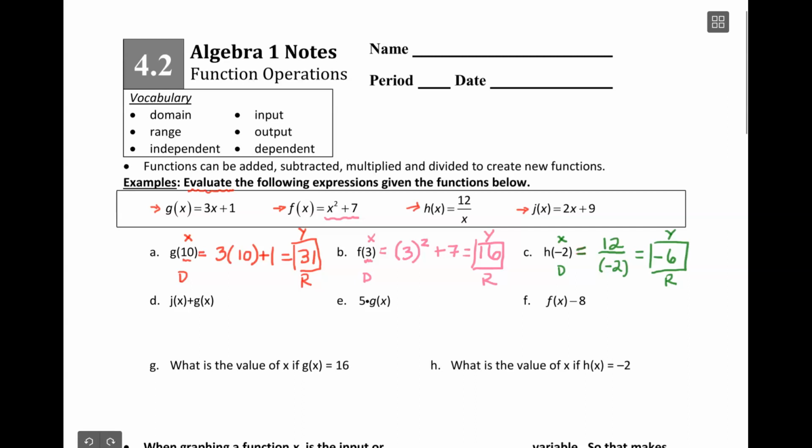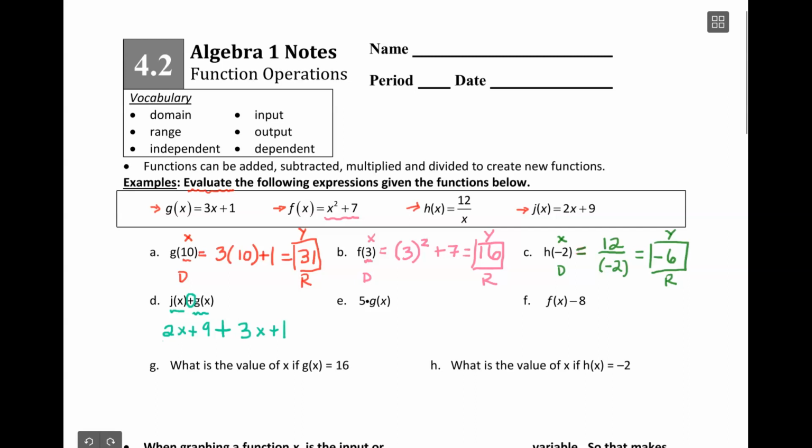Example D, okay, this one's a little different. I'm not giving you numbers. I'm telling you to add function j plus function g. So lots of notation to get used to here. So function j is the 4th one there. It's 2x plus 9. And then we're going to add, because there's a plus in between, to the g function, function g, which is 3x plus 1.